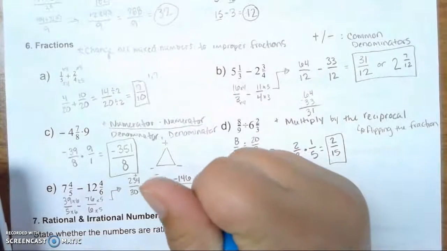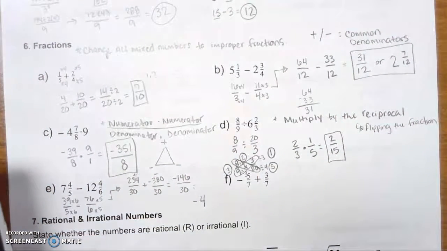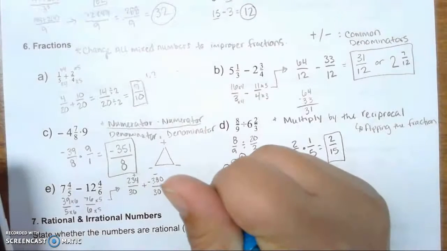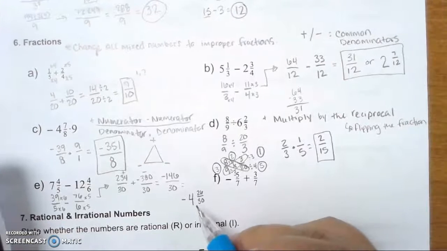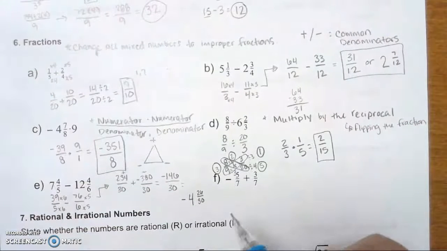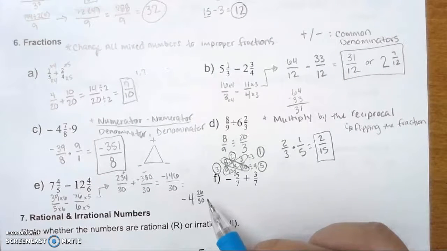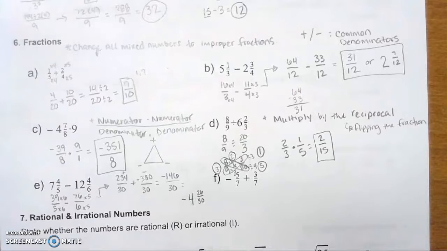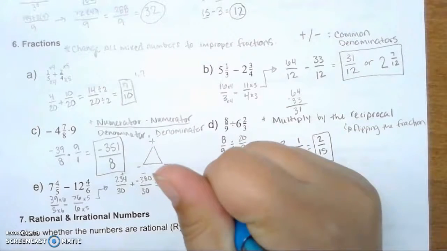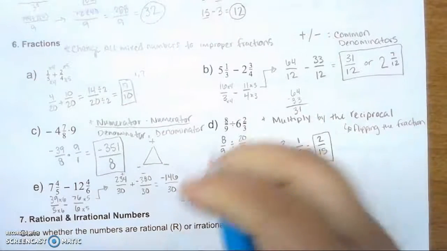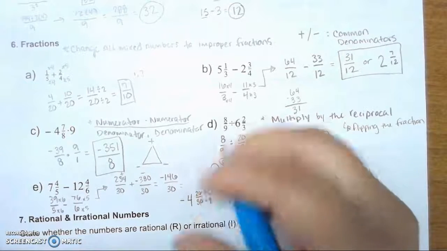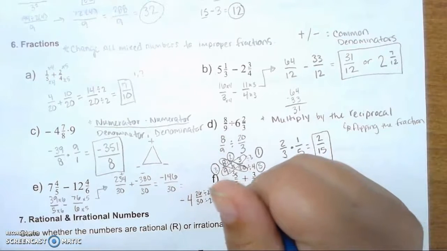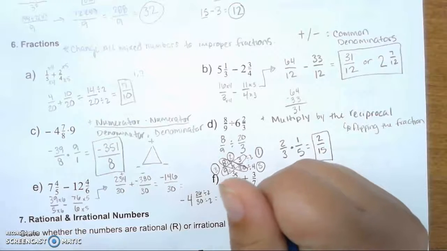That's going to give me negative 4 and 26 over 30. Well, 26 over 30 is not simplified. We know that 2 can go into both of those. Divide by 2, divide by 2. Your final answer is -4 and 13 over 15.